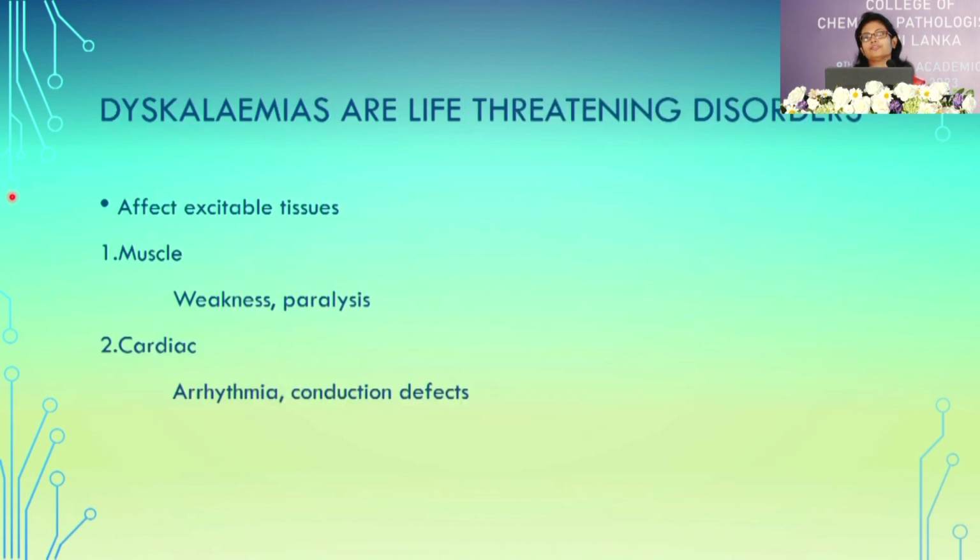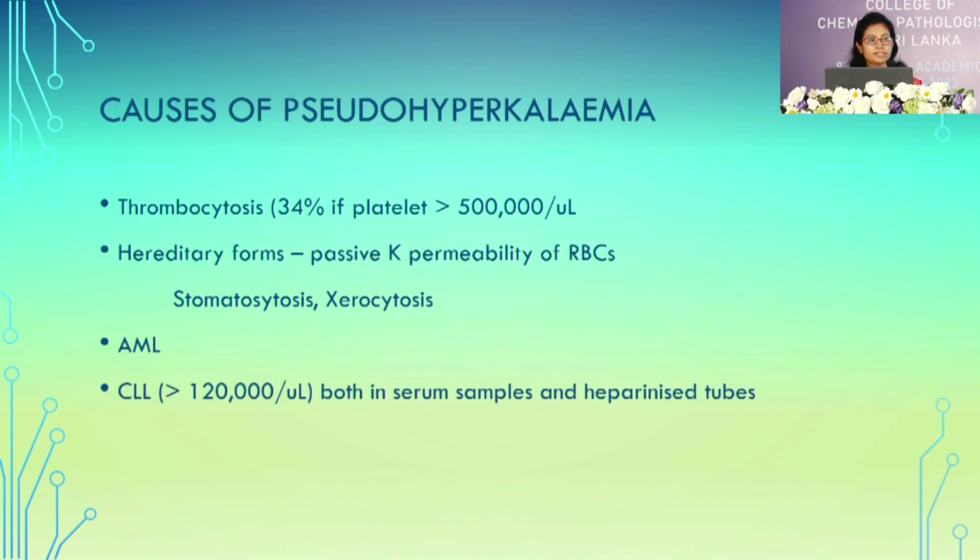Dyskalemias are life-threatening disorders. So they are hypokalemia or hyperkalemia. They affect excitable tissues like muscle and lead to muscle weakness and paralysis. They can also cause cardiac arrhythmias and conduction defects. So these are the causes of pseudo hyperkalemia: thrombocytosis.